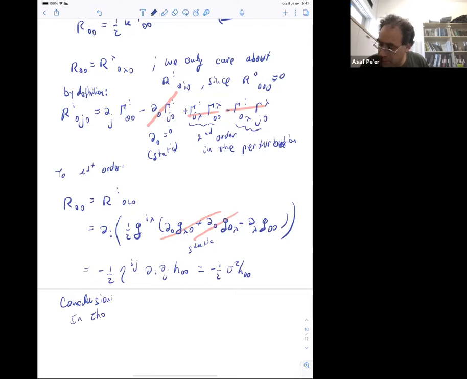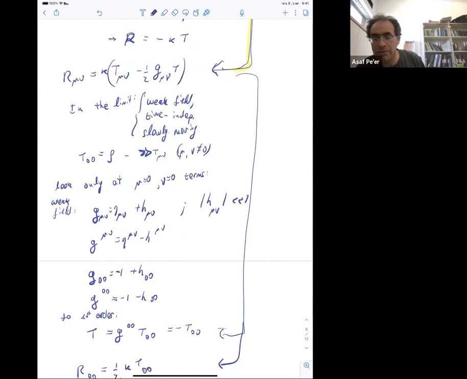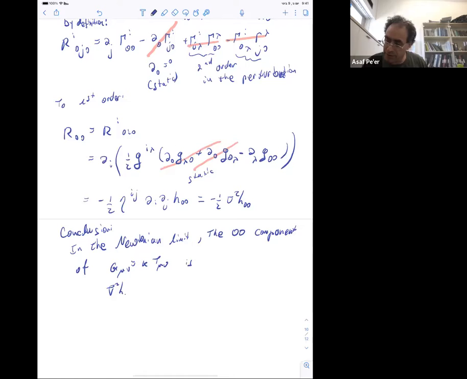In the Newtonian limit, again, weak field, static, time independent, slowly moving, we have that the 0,0 component of the attempt that we made of G_{μν} equal κT_{μν} is ∇² h_{00} is equal minus κT_{00}.